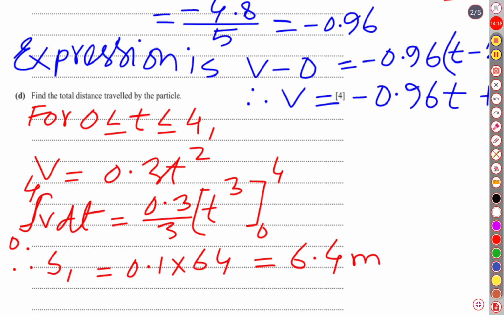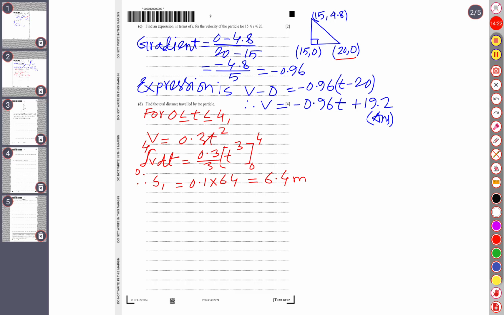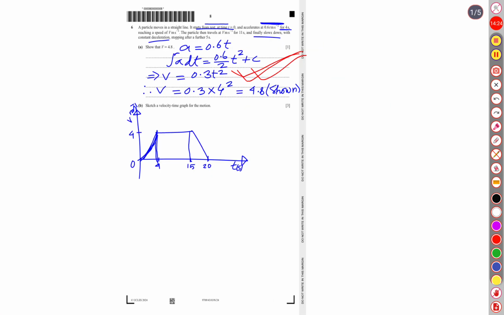Now the second phase, starting from here until here, is actually a trapezoidal region. For the trapezoidal region, the two parallel lines are from 4 to 20, which is 16, and from 4 to 15, which is 11. So 11 plus 16.